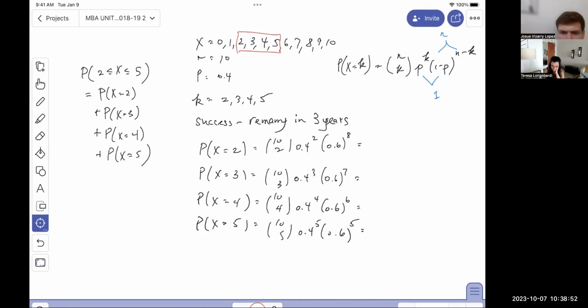So you could do it in Excel with the range 2 to 5. That will give you the answer, or the long way, calculating one at a time.